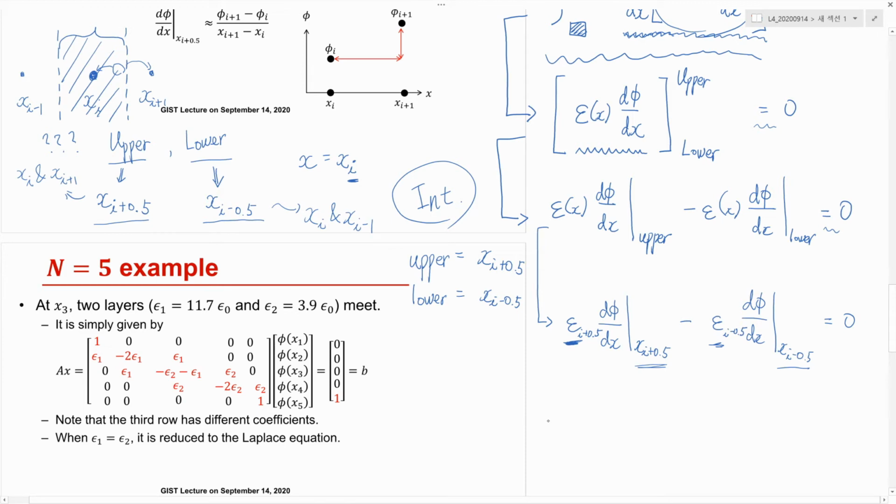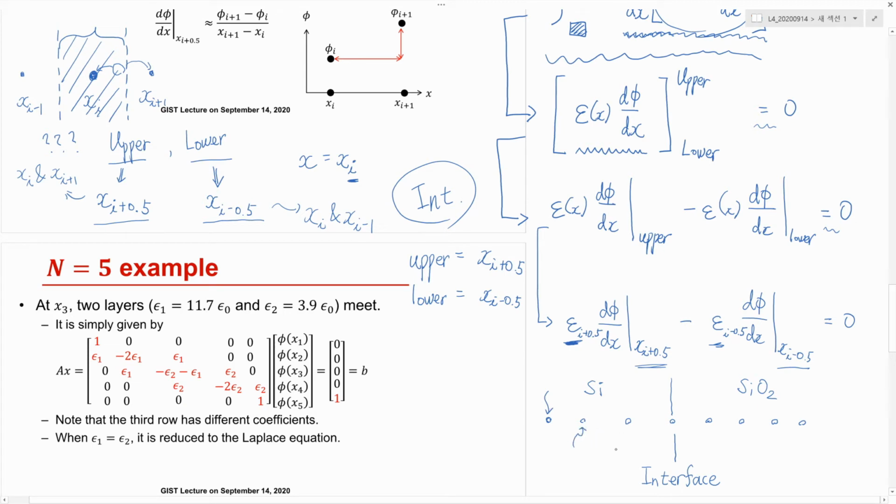If we have several positions, let's assume that this is the interface between two different materials. For example, on the left hand side we have silicon and on the right hand side we have silicon dioxide. In this case, what is the permittivity for this point?